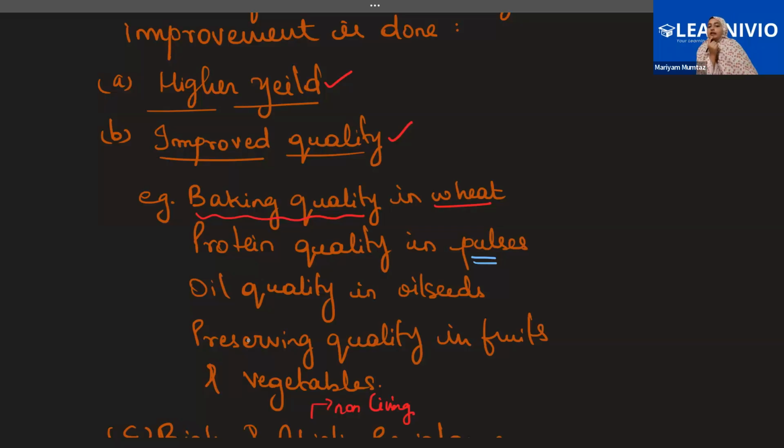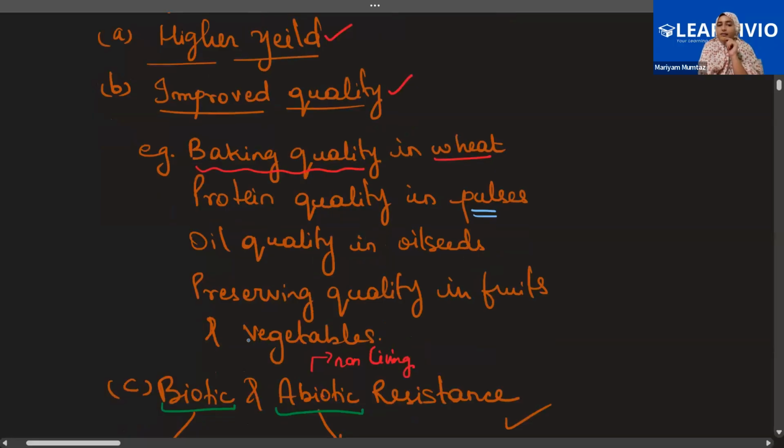Then oil quality in the oil seeds, meaning superior quality of oil that has a good amount of fat in it. And then preserving quality in the fruits and vegetables. We need fruits that do not go bad easily, that don't go stale easily. So all of these come under improved quality.